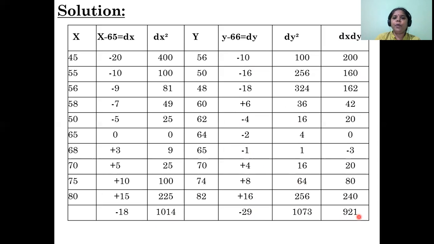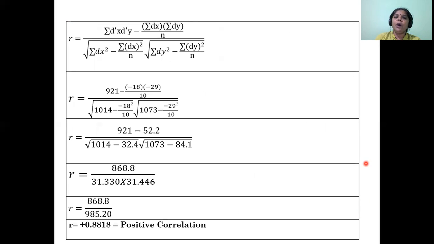Okay, after computing all these values in the table, what you have to do is write the formula. The formula to find the correlation coefficient is sigma dx dy minus sigma dx into sigma dy divided by n, whole divided by root of sigma dx square minus sigma dx whole square divided by n, into root of sigma dy square minus sigma dy whole square divided by n.